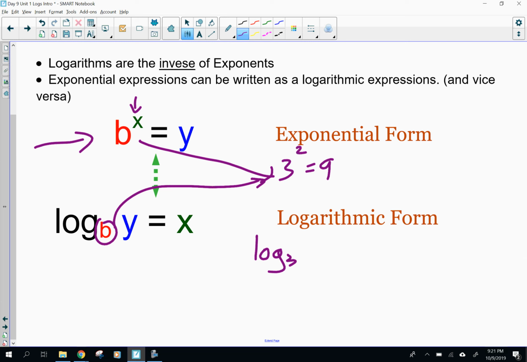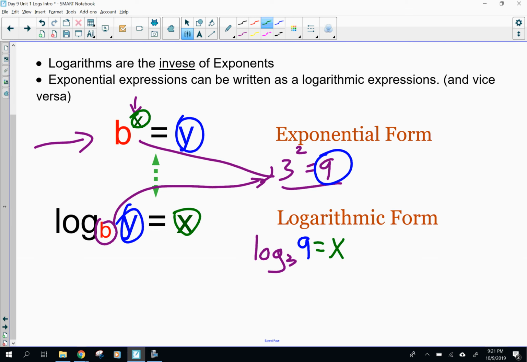So you write log base 3 of 9, because that's what this relationship is equal to. So log base 3 of 9 is equal to the exponent. In the example it's x, but in our case, it's 2.